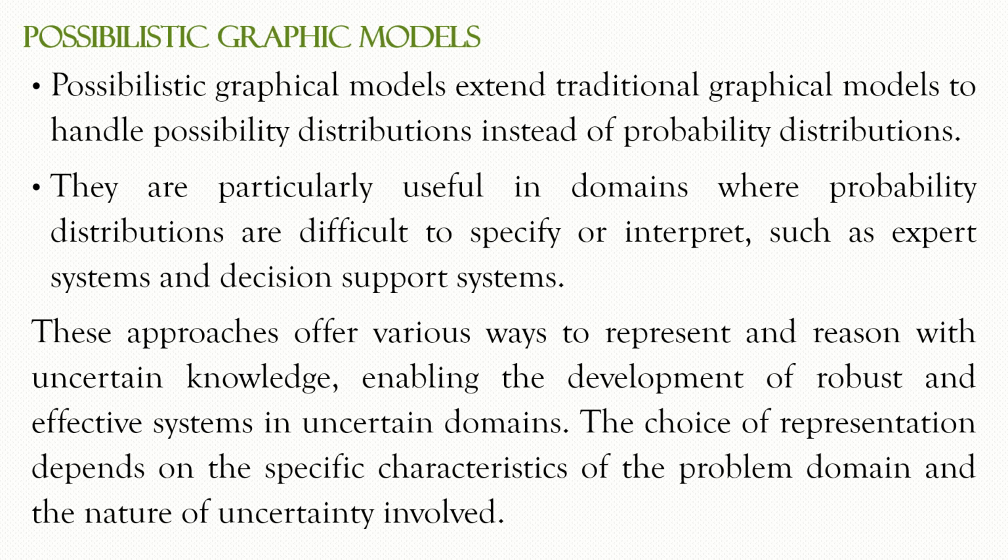These are certain approaches which offer various ways to represent and reason with uncertain knowledge, enabling the development of robust and effective systems in uncertain domains. The choice of representation depends on the specific characteristics of the problem domain and the nature of the uncertainty involved, and so the choice is ours here.